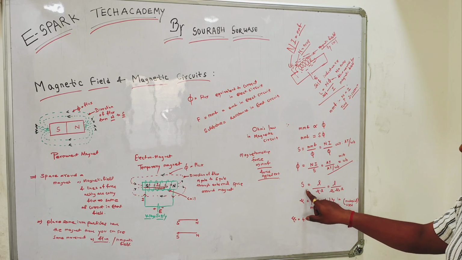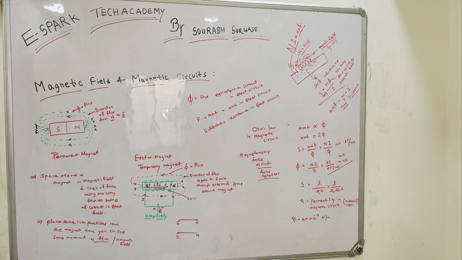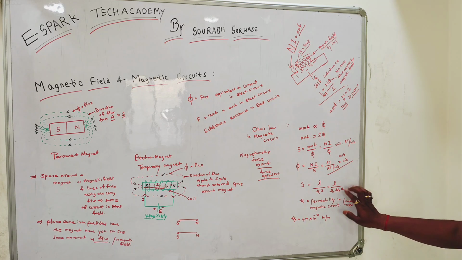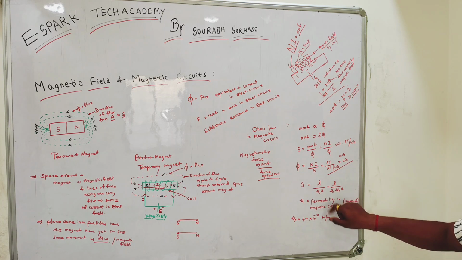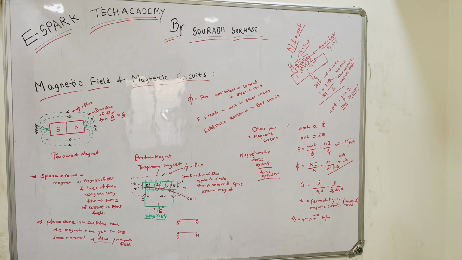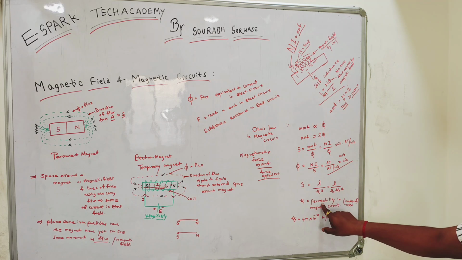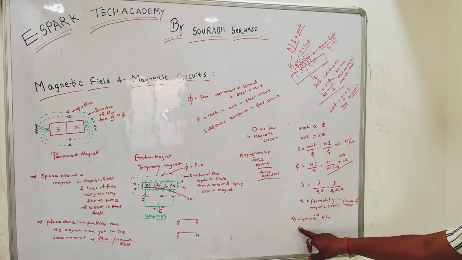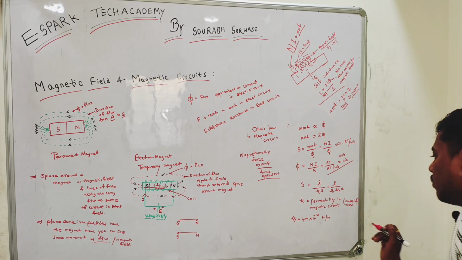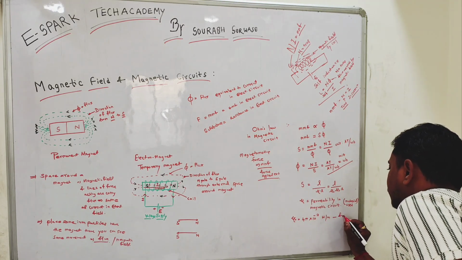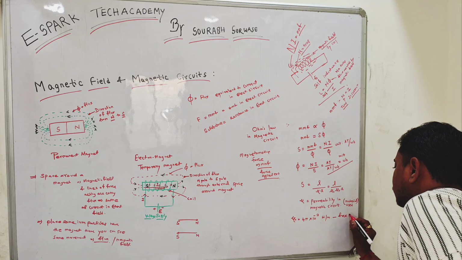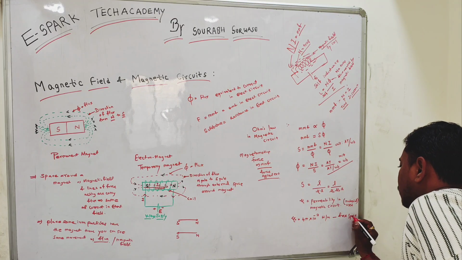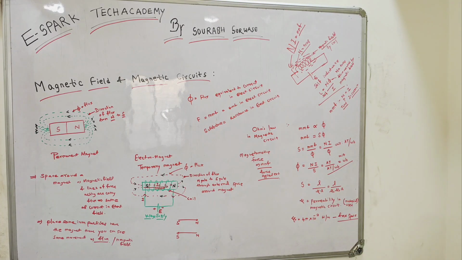Now this is the reluctance. Reluctance is opposition to that flux, and its equation is given by L divided by mu into A. Mu is the permeability of free space, mu zero, in Henry per meter.